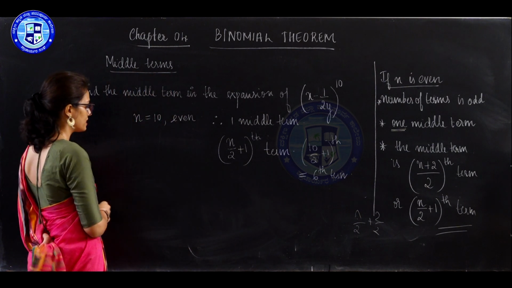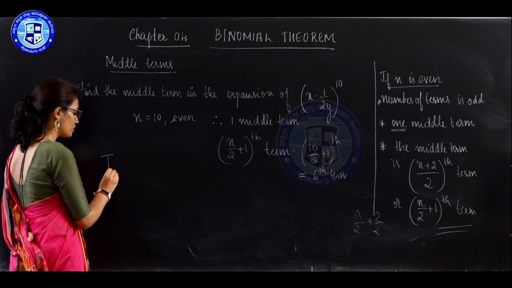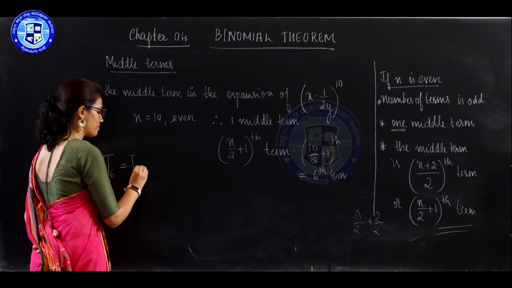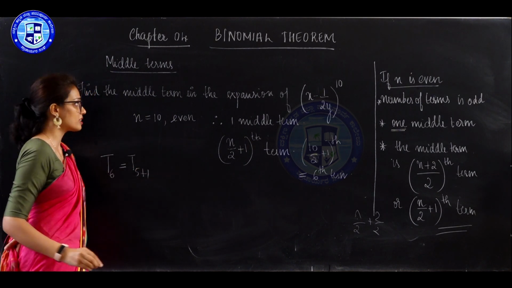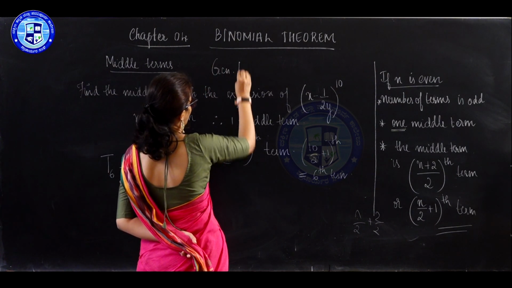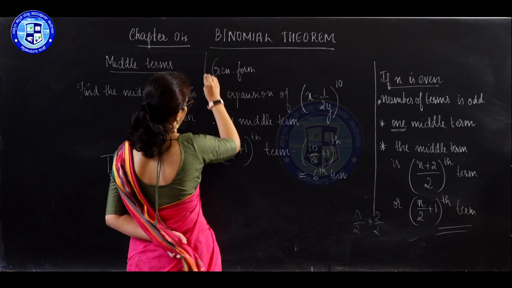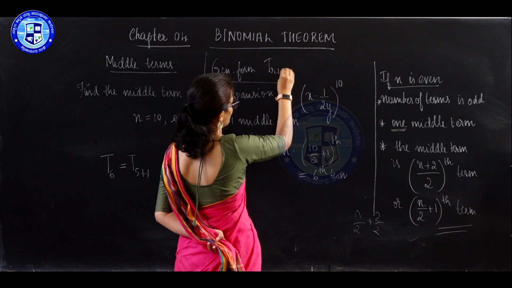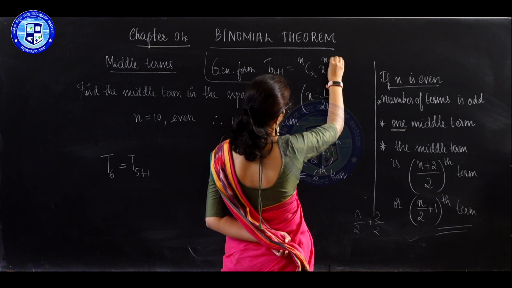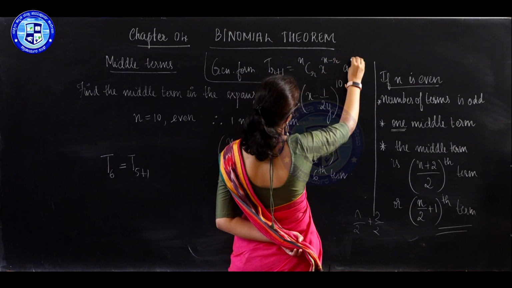Alright. So, how to find the 6th term? We want T6. T6 can be written as T5 plus 1. We know the general form. How do we give the general form? The general form is given by T r plus 1 is equal to nCr x to the power n minus r a to the power r.